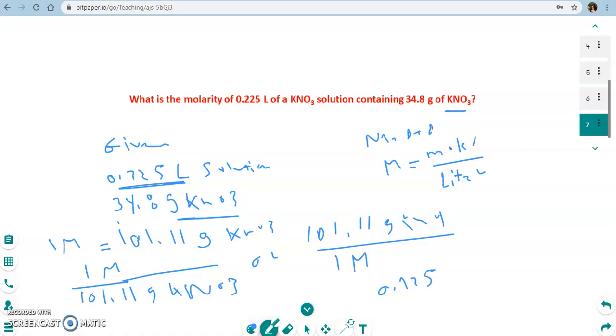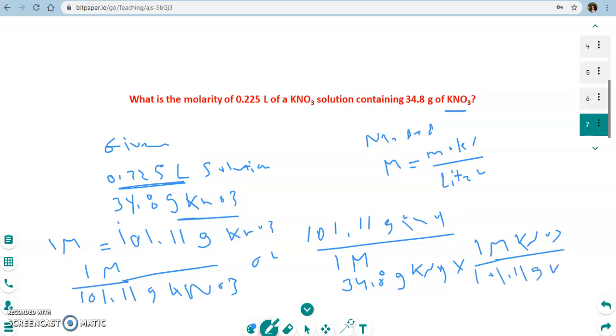And then we have here 0.225 mole. No, we have 34 grams. So we have 34.8 grams KNO3, and we need grams to be at the bottom, so multiplied by 1 mole KNO3 divided by 101.11 grams KNO3.